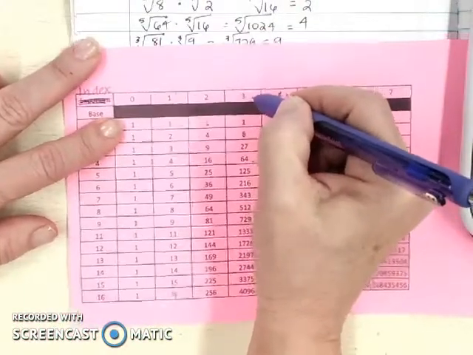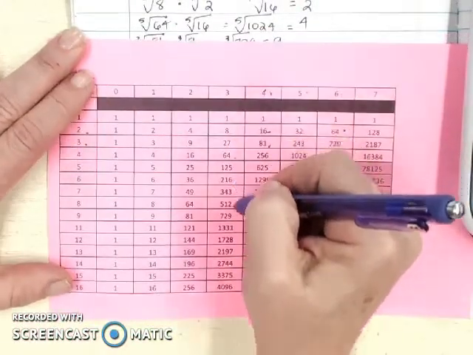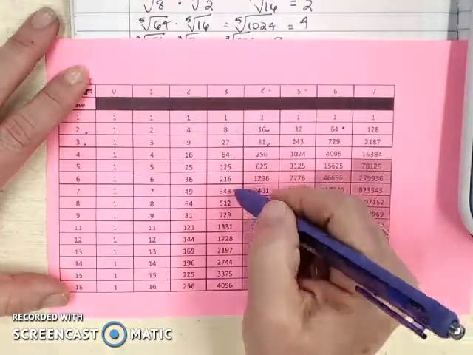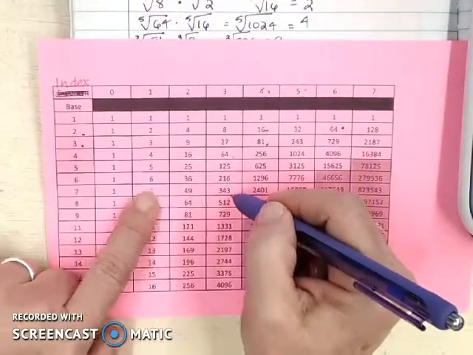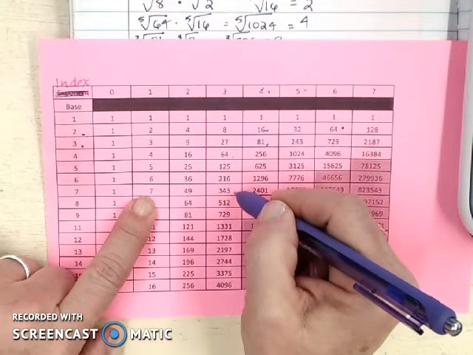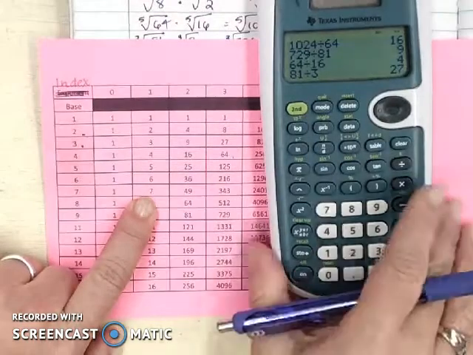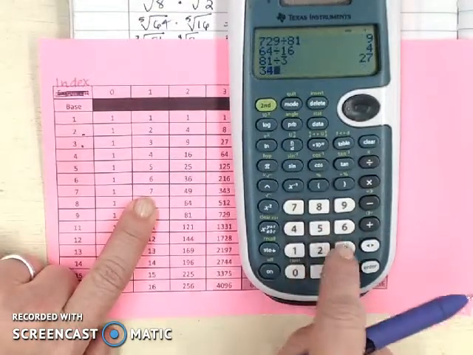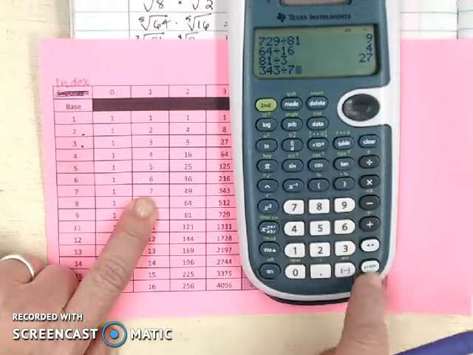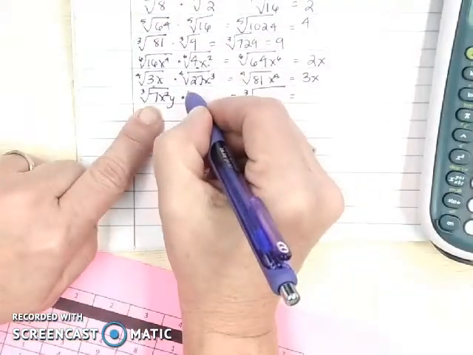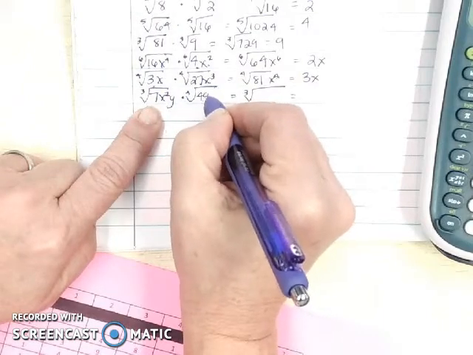I'm taking the cube root. 7 is not in that column anywhere, but 343 is a multiple of 7. So I'm going to figure out what I need to multiply by taking 343 divided by 7, and I get 49. So I have to multiply this by the cube root of 49.